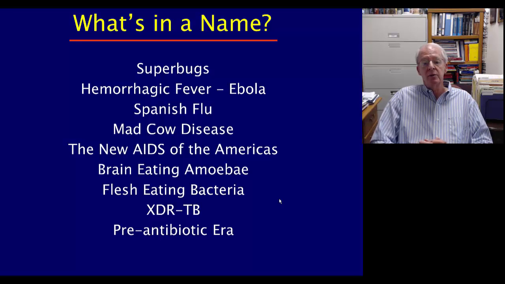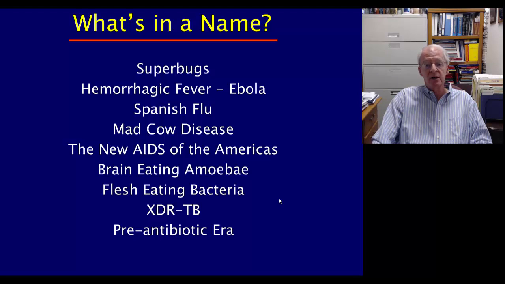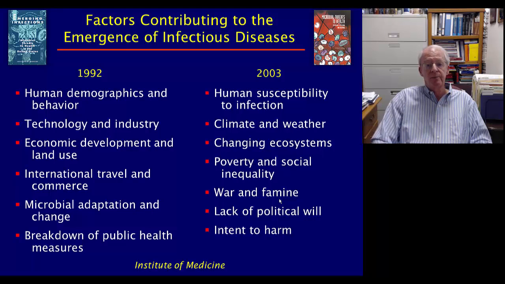Spanish flu, the reference to the first influenza pandemic in the 20th century, mad cow disease, the new AIDS of the Americas, brain-eating amoeba, flesh-eating bacteria, XDR tuberculosis, extensively drug-resistant TB, and the term pre-antibiotic era is often used given the current crisis in antimicrobial resistance.